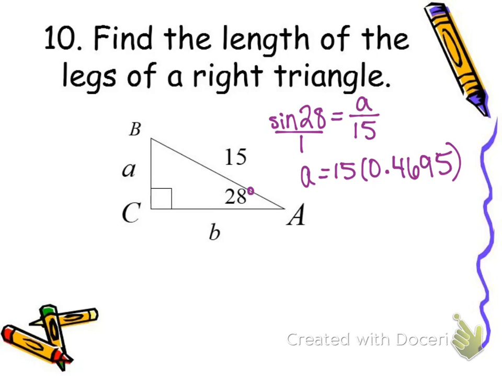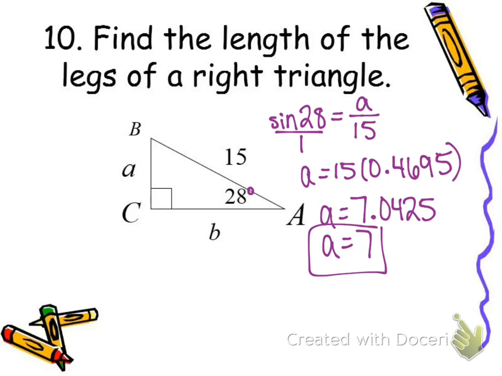Multiply. 7.0425. Do we agree with David? Okay, if we were to round it to the nearest tenth, what would it be? 7.0 or just 7? I know it didn't say nearest tenth in the directions, but that's what we're going to do.